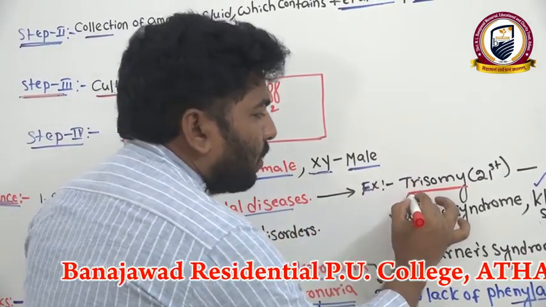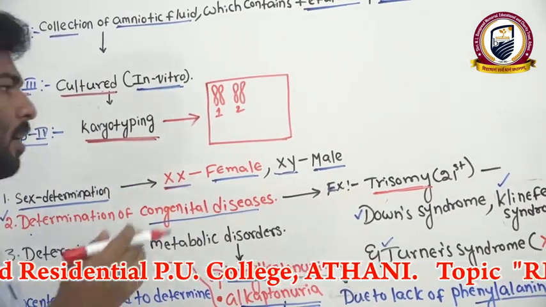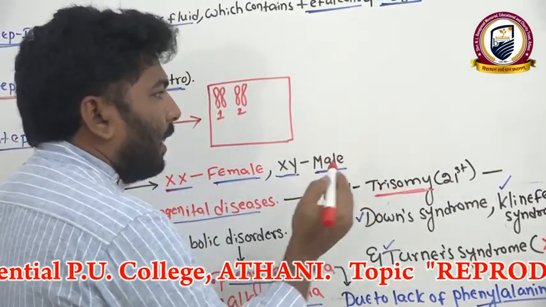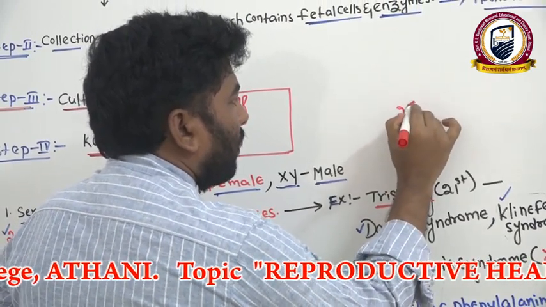First one is the trisomy condition. What is meant by the trisomy condition? For example, take the 21st pair of chromosomes.